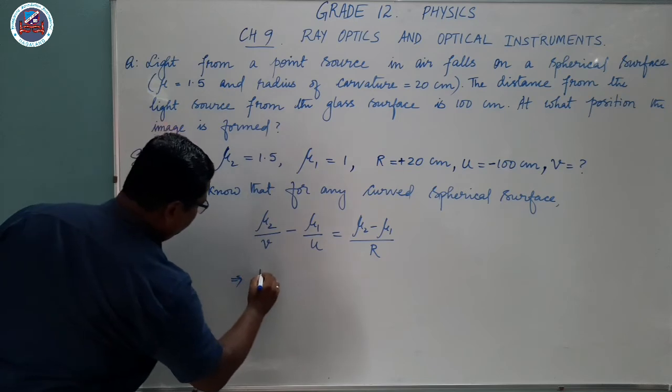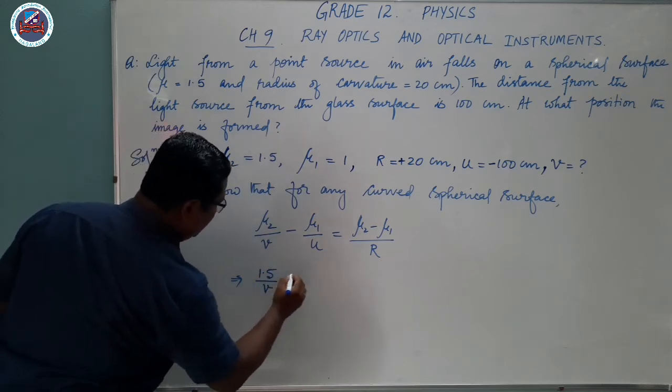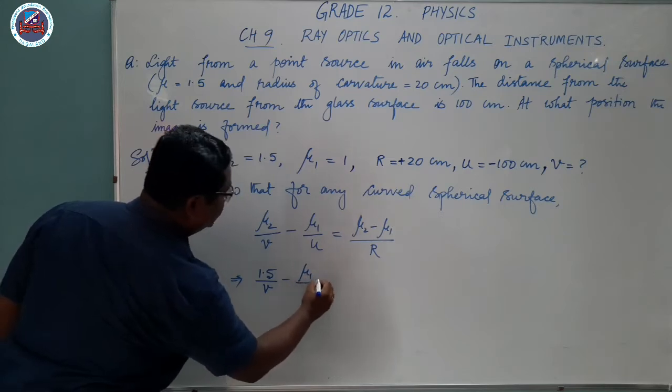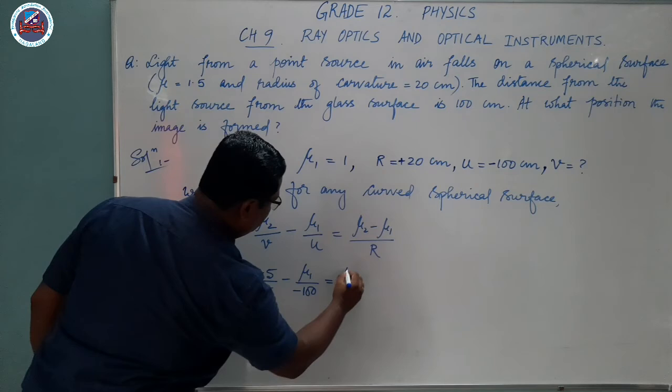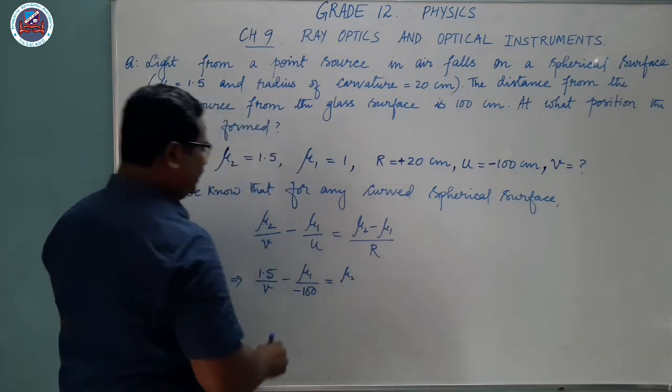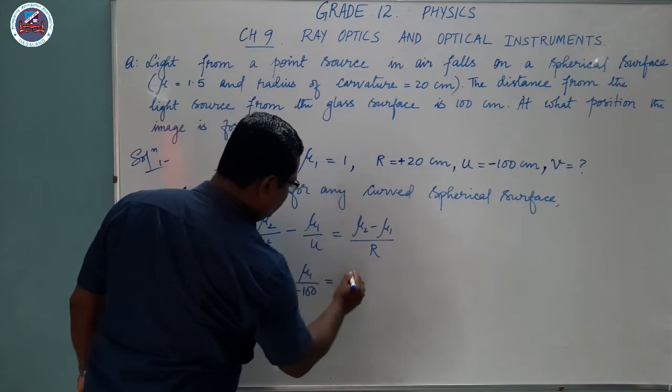Mu2 we have 1.5 divided by v to find out, minus mu1 divided by u, it is minus 100, equal to mu2. Mu2 again, you know the value, that is 1.5.